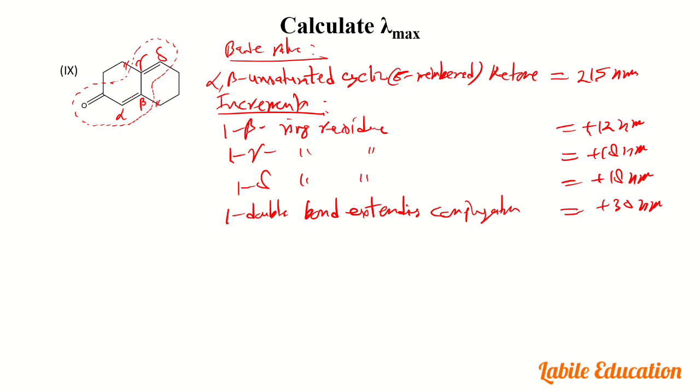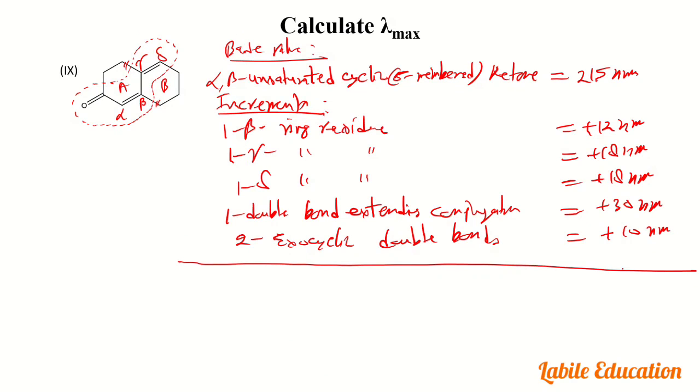Now we will check whether any double bond is exocyclic. Suppose this is the A ring, this is the B ring. You can see this double bond is exocyclic to the B ring, and this double bond is exocyclic to the A ring. So there are two exocyclic double bonds, each contributes 5, so plus 10 nanometer. Anything else? I don't think there is anything left out.